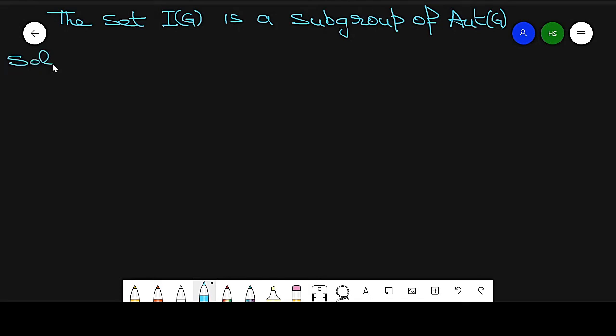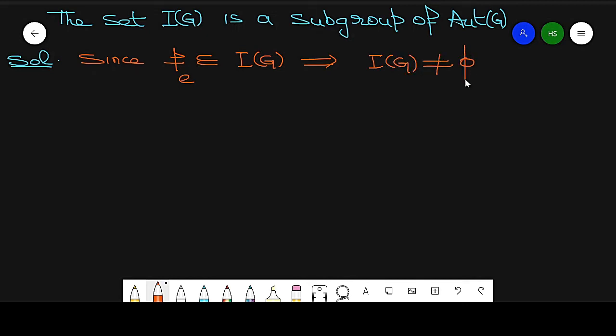Now the solution. First, I(G) should be non-empty. We know that f_e, which is basically the identity map, belongs to I(G). So I(G) is a non-empty set.